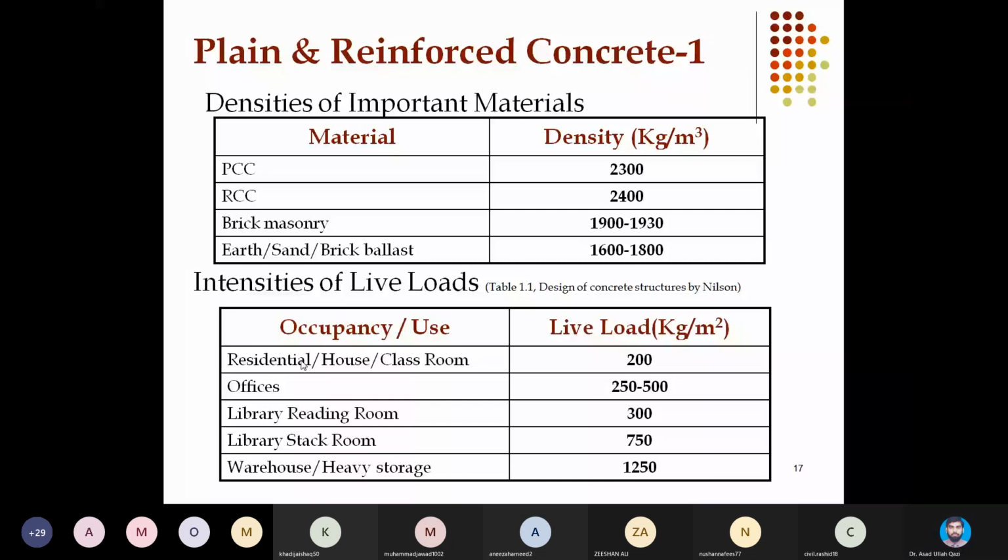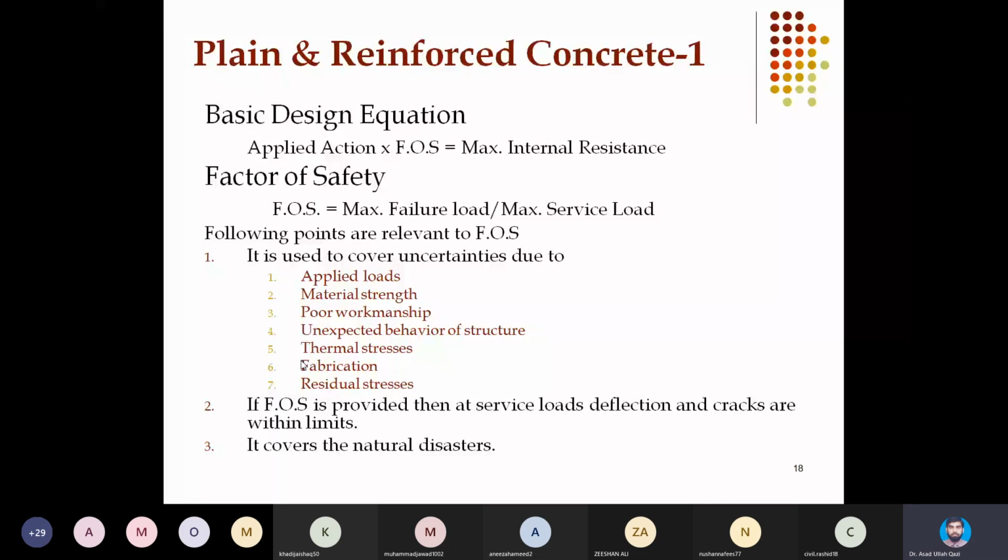Now once I have the information regarding loads, I know the structural use, and I have architectural working drawings where I can see the sizes, column spacing, room dimensions, story heights. So I have all the information with me.